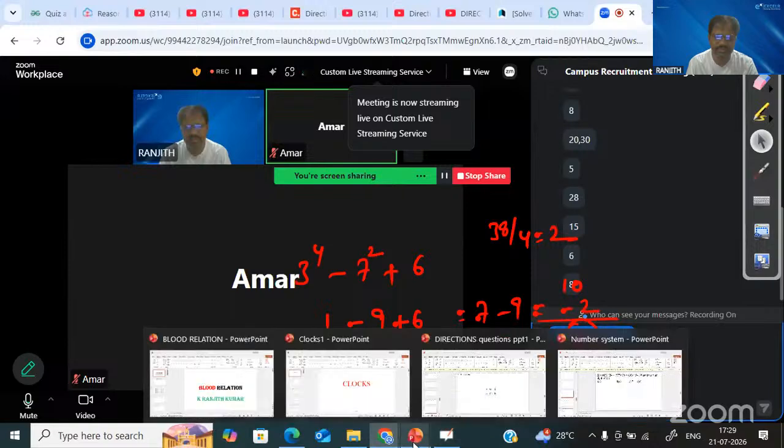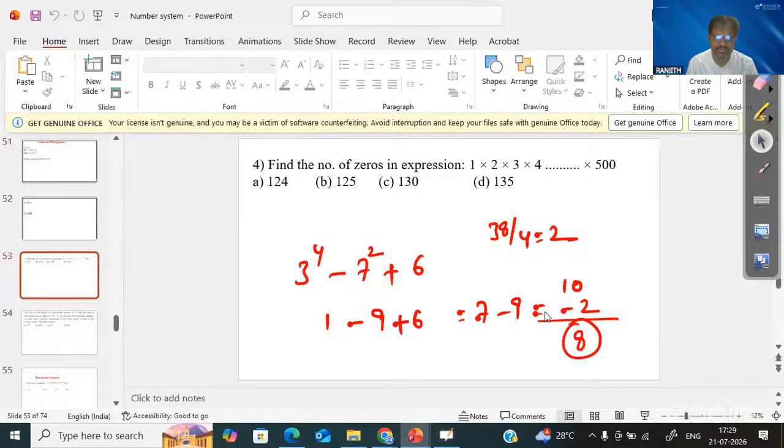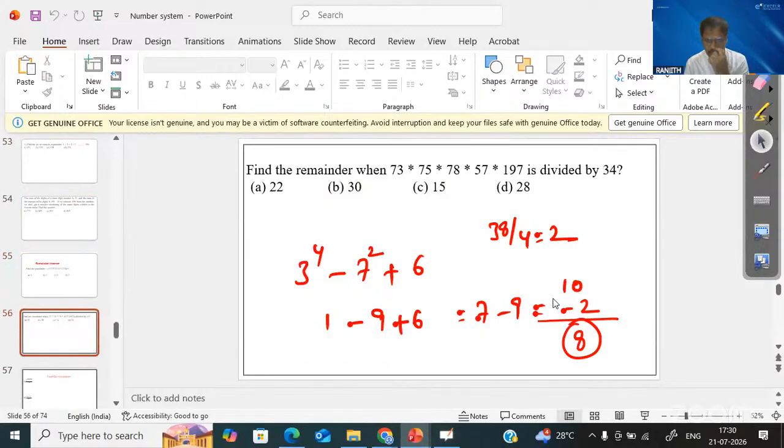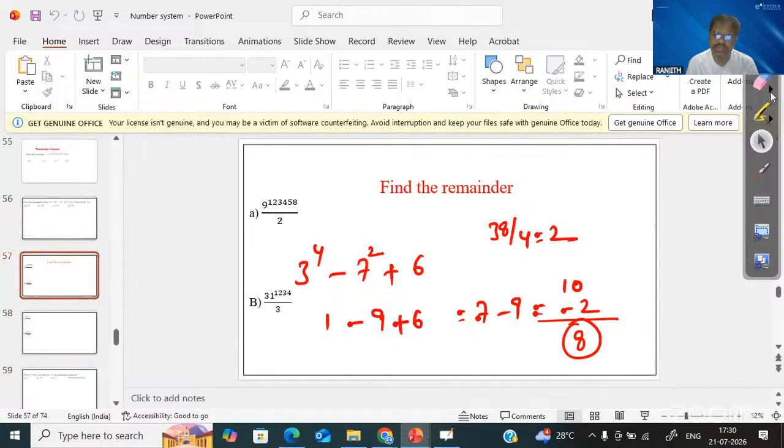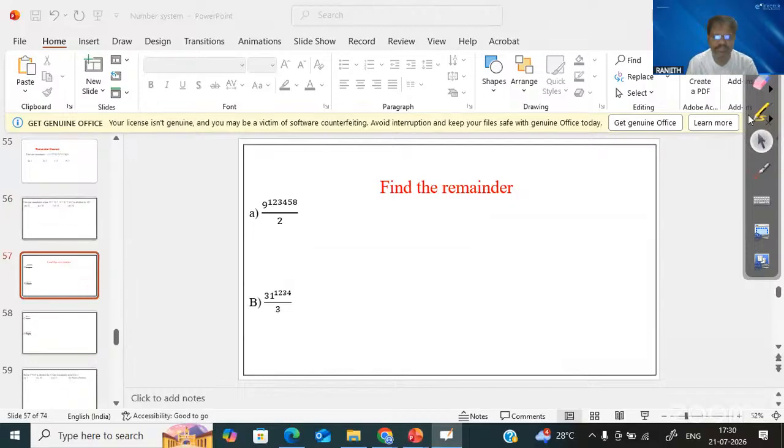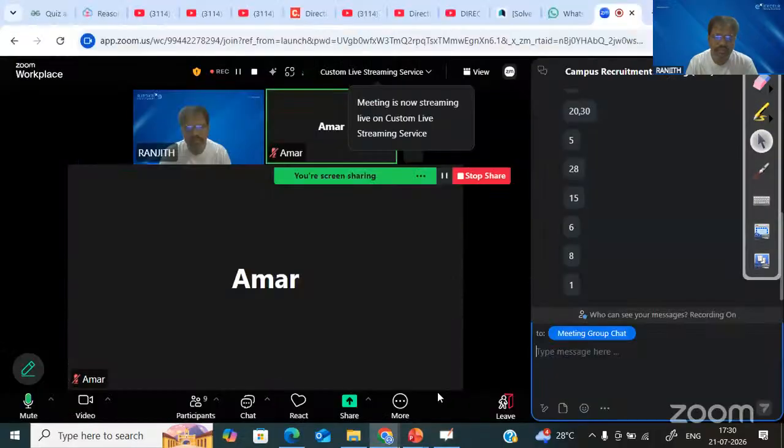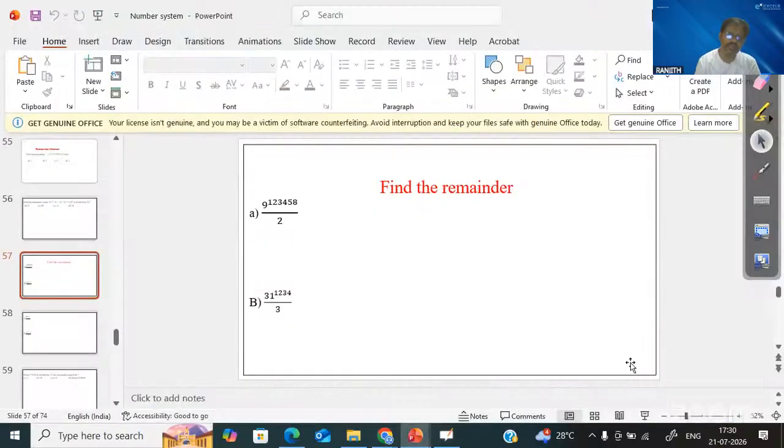Next. So what is the remainder? Just look at here. 9 power some number is given. 9 is taken some number of times, so we can't divide 9 that many times.